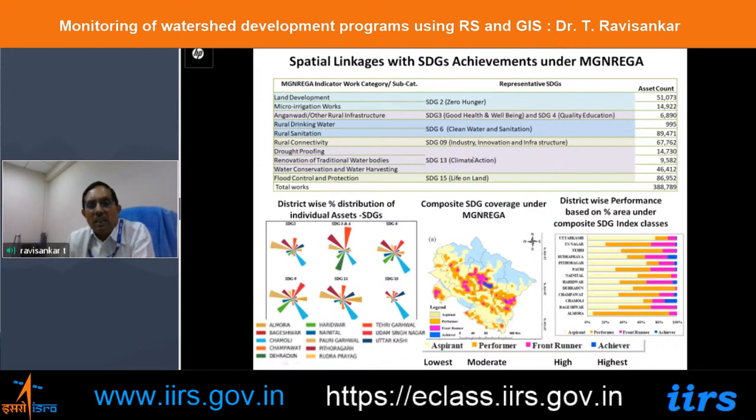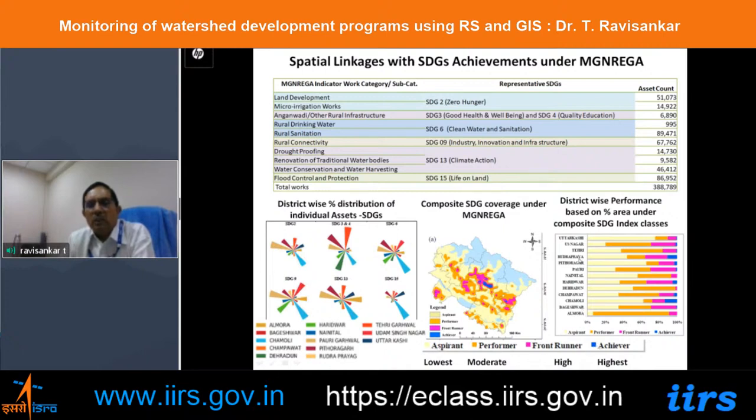And in this particular composite index, you can see the different districts and how they are faring, and Almora, Chamoli is the one. If you look at the graph, this bar diagram, it is the one which has all the stages of performance of this composite indicator.